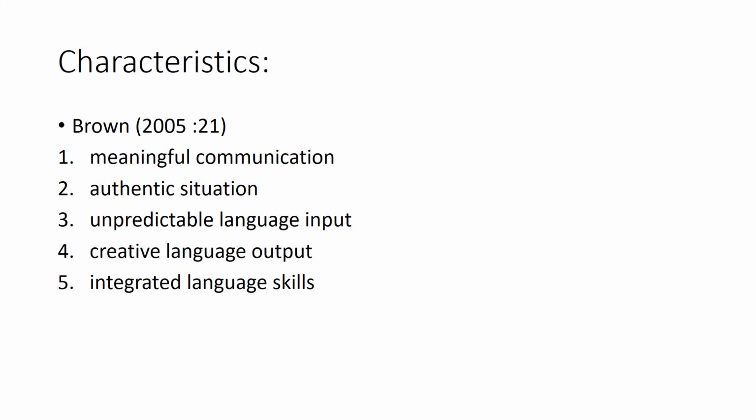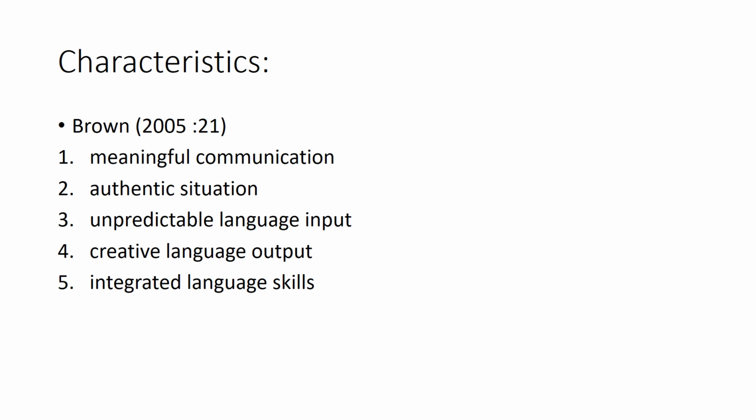Number 1, meaningful communication. 2, authentic situation. 3, unpredictable language input. 4, creative language output. And 5, integrated language skills. So these are the features of the good communicative test.